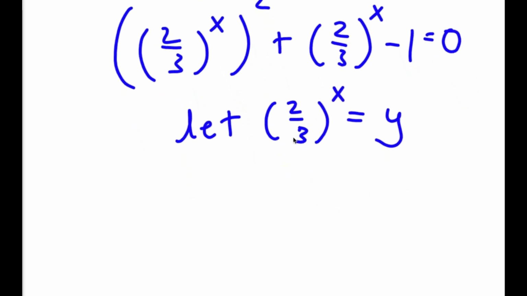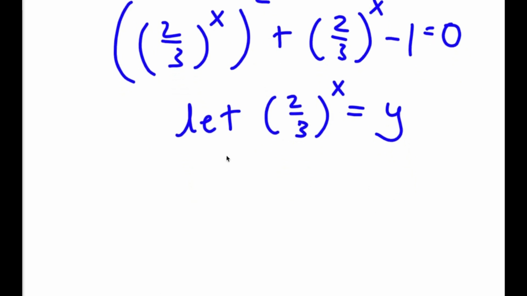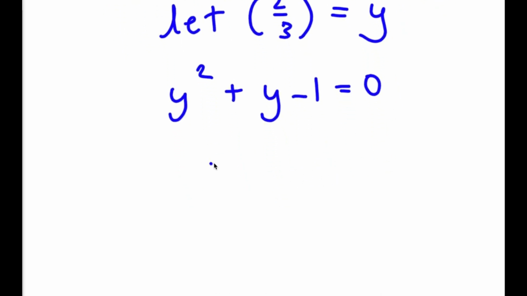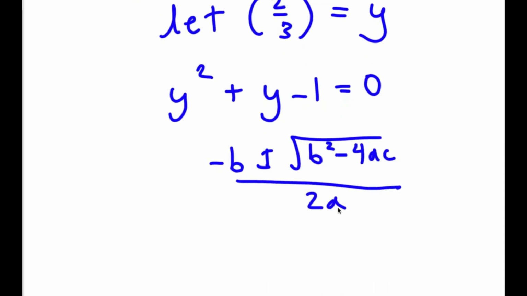So now if I substitute in y for 2 over 3 to the power of x, I get y squared plus y minus 1 is equal to 0. And now, as you can see, we have a quadratic equation. And any quadratic equation can be solved by using the quadratic formula, which is negative b plus or minus the square root of b squared minus 4ac over 2a.